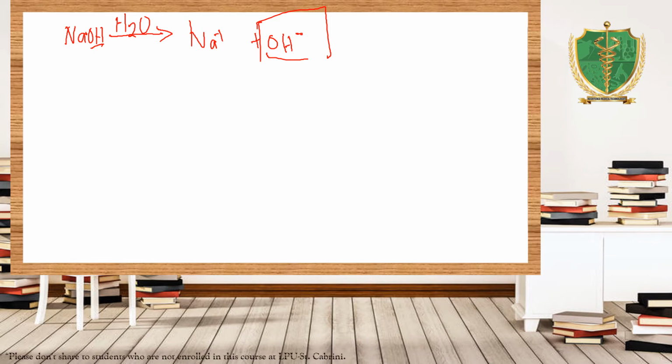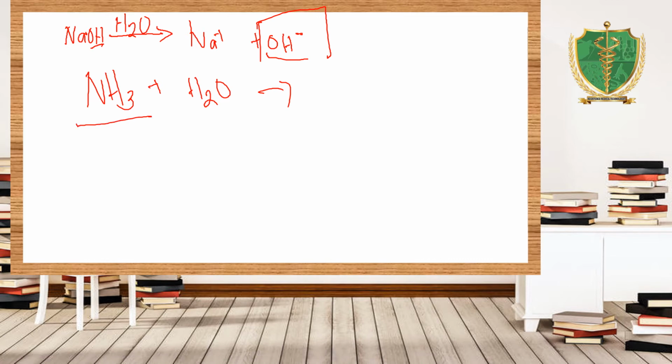Let's say for example, we have ammonia. Si ammonia NH3 plus water. If you are going to base the definition of acid and base on the one having a hydroxide, you cannot say that this is a base. You would rather say that this is an acid because of the hydrogen.